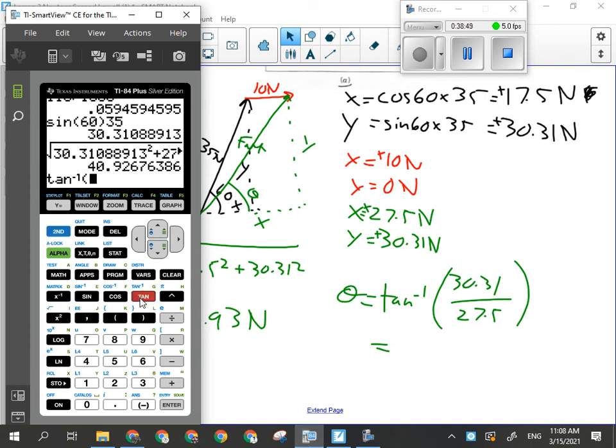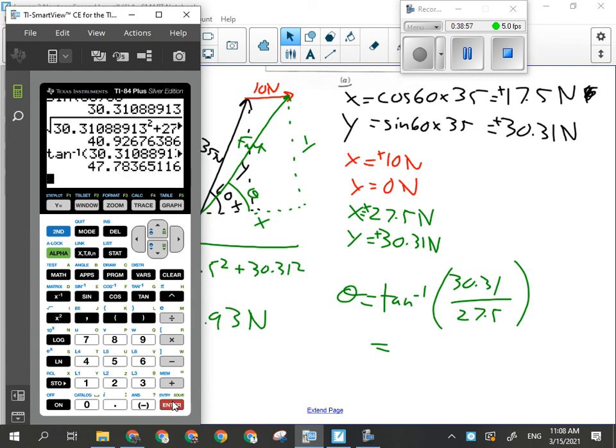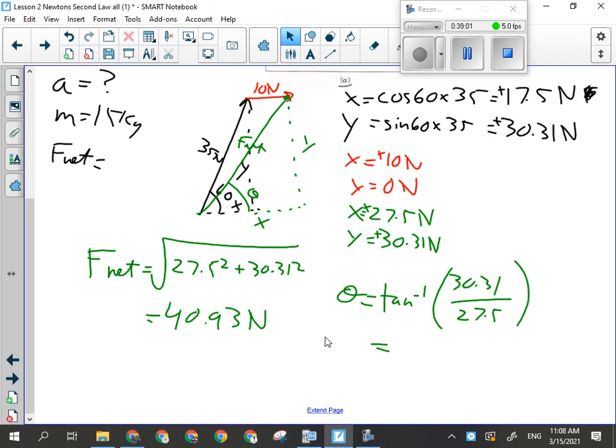So we're looking at a vector of 47.8 degrees, and that's above the x-axis because that's all they gave me.